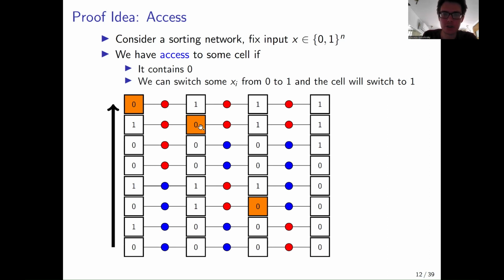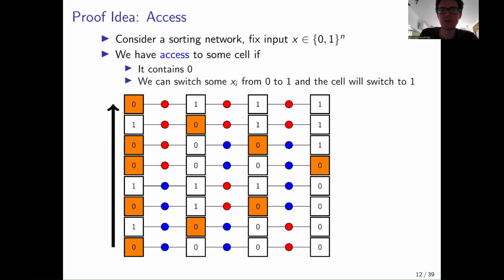But if this orange cell changes to 1 in the second column, this means that the number of ones in this red quadruple in the second layer now becomes 4, and hence all the outputs of the red quadruple in the second layer should be also all ones, and hence in particular this orange cell will become 1. And in general, these are all cells to which I have access on this input.